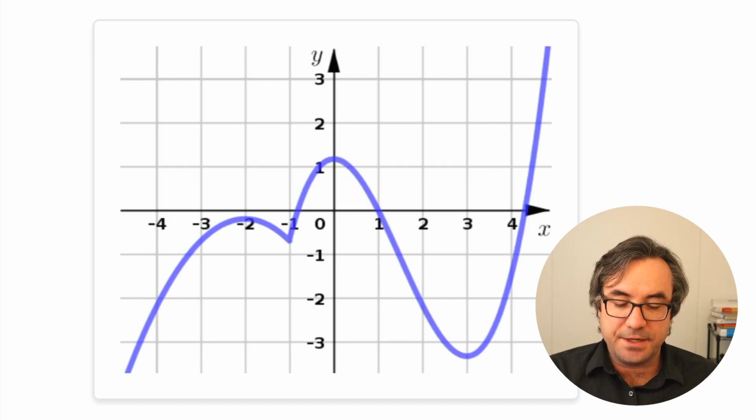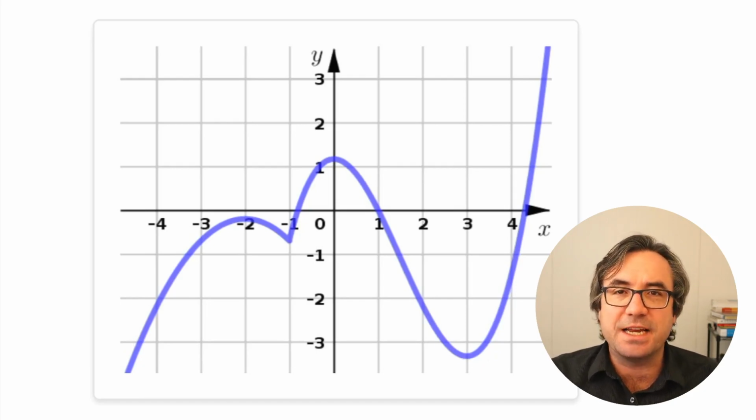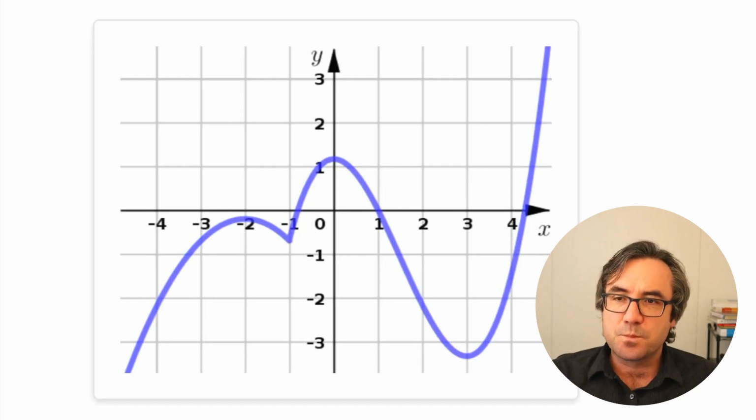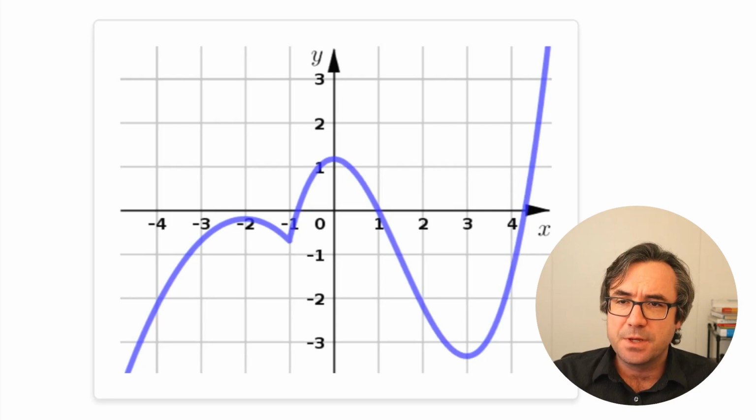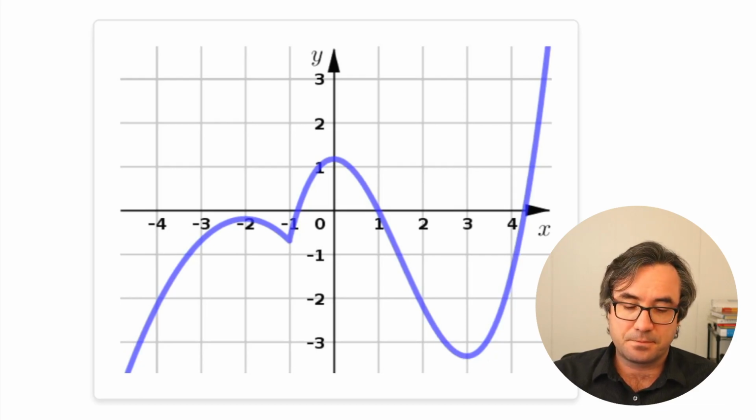So when we do this, maybe pause for a second, try this out for yourself, and then we'll go through it. You should find that there are 2 maxes and 2 mins for this function. So we just want to find the x value.